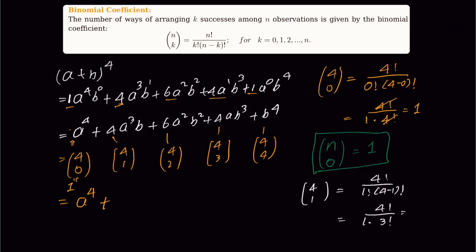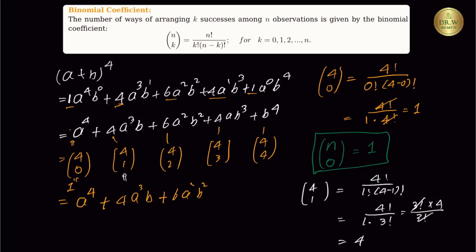Then you can write factorial 4 as factorial 3 times 4, then factorial 3 cancels out, answer is 4. So this one is 4, so you can write 4a³b. Then next one, similarly, you can find 4 choose 2, that is 6, a to power 2, b to power 2. Next one 4ab to power 3.